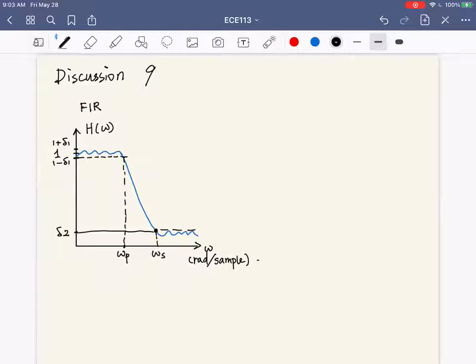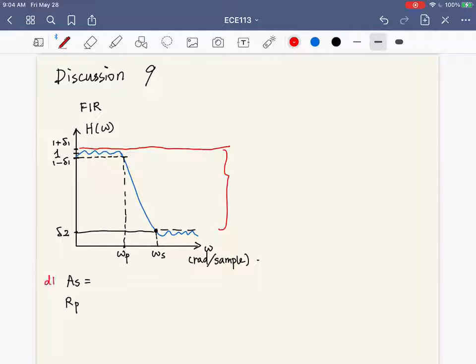So when we design the FIR filter, the two specifications are important. One is AS and the other is RP. So AS is basically the distance from the highest point to the starting point of your stop band, the delta 2, okay? So this is a difference.